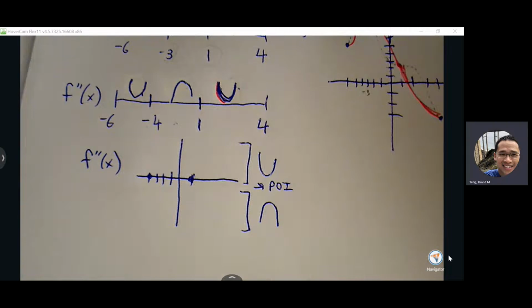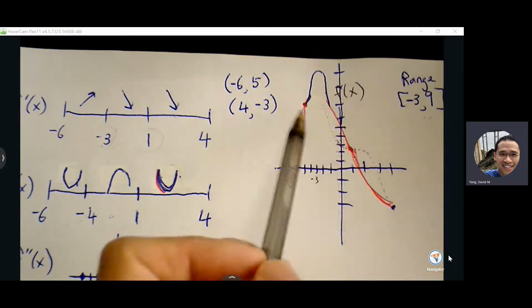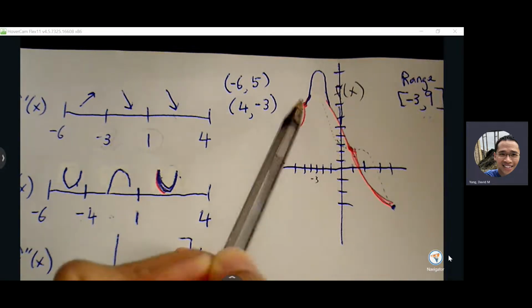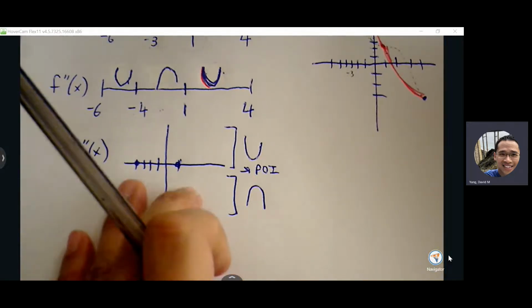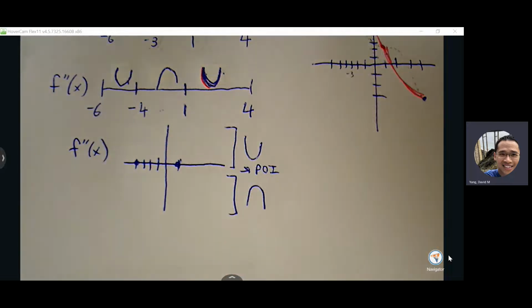Oh, so you put the points of inflection on the x-axis on the second one, but on the first one you put it on your graph. Yeah, that's right. Because a point of inflection on the original graph is going to look like the transition from one curve to the other. But on the second derivative graph, it's going to look like x-intercepts. On the first derivative graph, it's going to look like peaks and valleys.